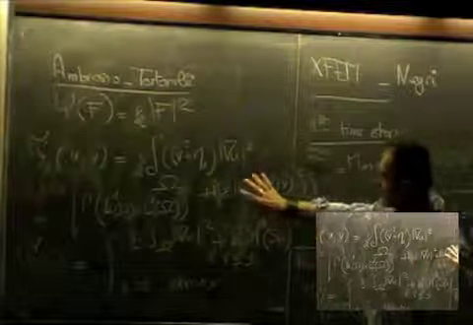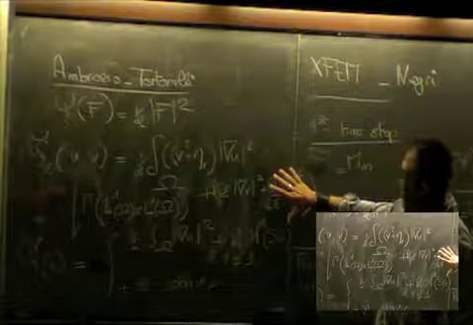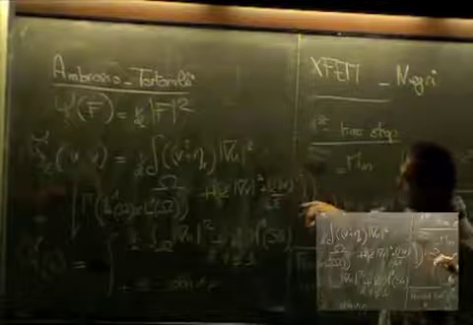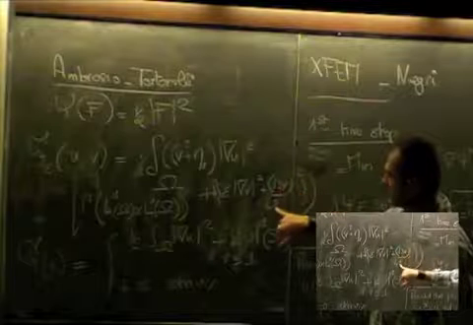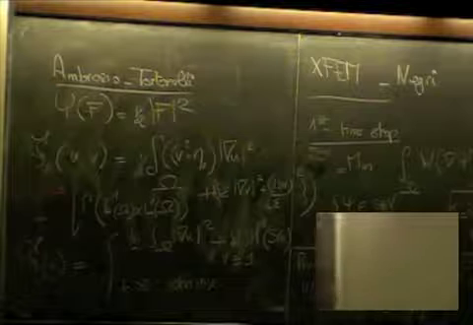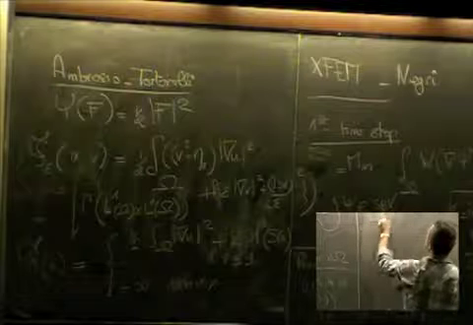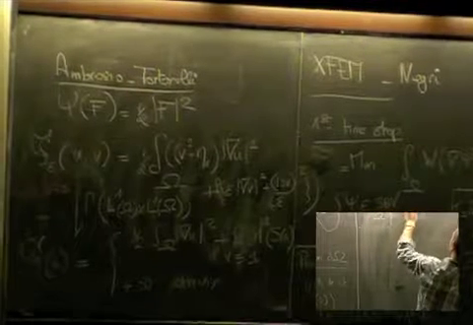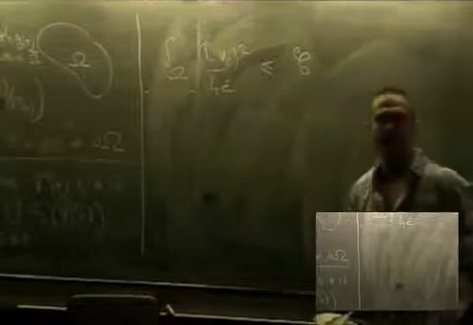The point is that for a minimizer v epsilon, this will be less than some constant. As epsilon goes to 0, that means that the integral of (1 minus v epsilon) squared over 4 epsilon is less than some constant, which is independent of epsilon.